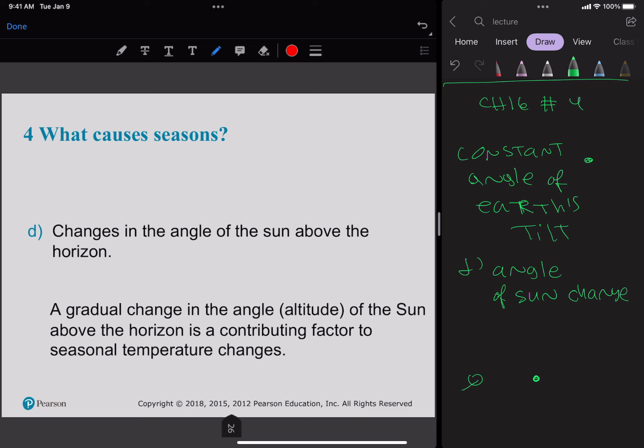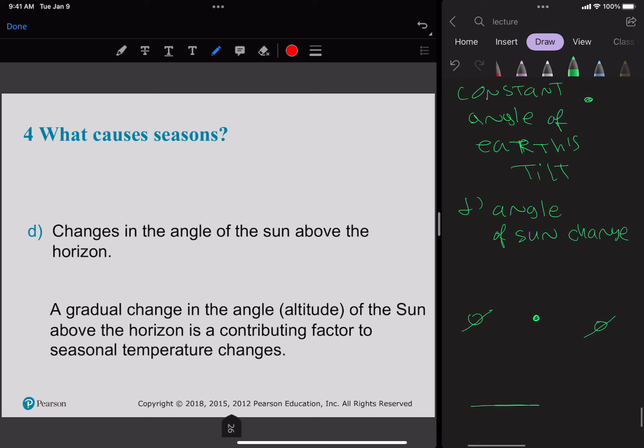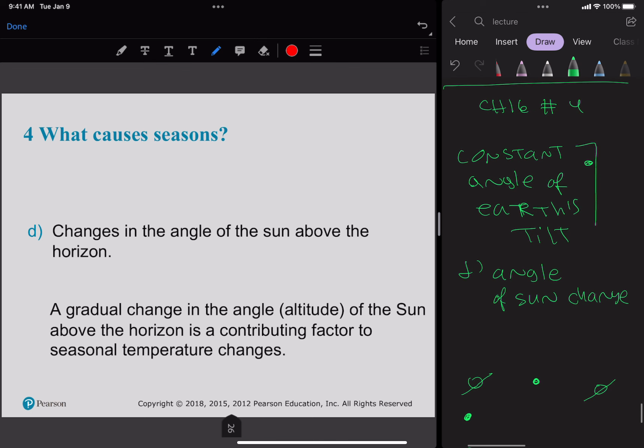As the Earth orbits the sun, at one time of the year the axis points towards the sun, and another time of the year the axis points away from the sun. From our perspective, when we're pointing towards the sun the sun is higher up in the sky, and that'll be summer. When we're pointing away from the sun, the sun is lower in the sky, and that'll correspond to winter. So the real cause is that the Earth has a constant tilt, but in terms of this question, the effect is that the angle of the sun changes in the sky.